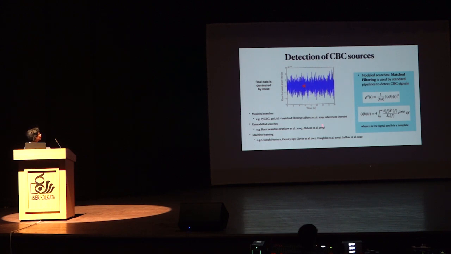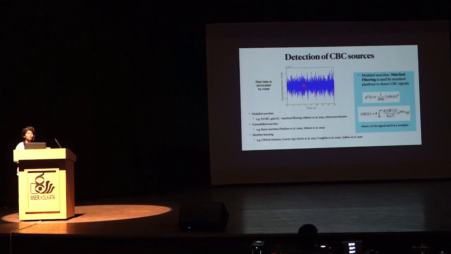The reason why I am trying to highlight the machine learning approaches is because as we move towards better sensitivity with the detectors, we are hoping to find a lot more signals, and we are going to receive a lot more data.